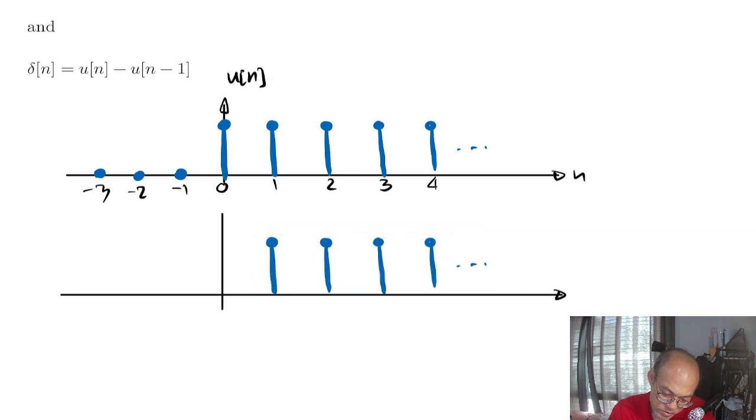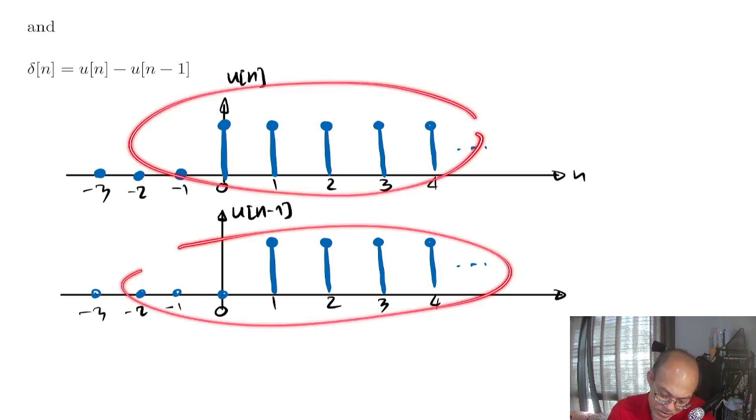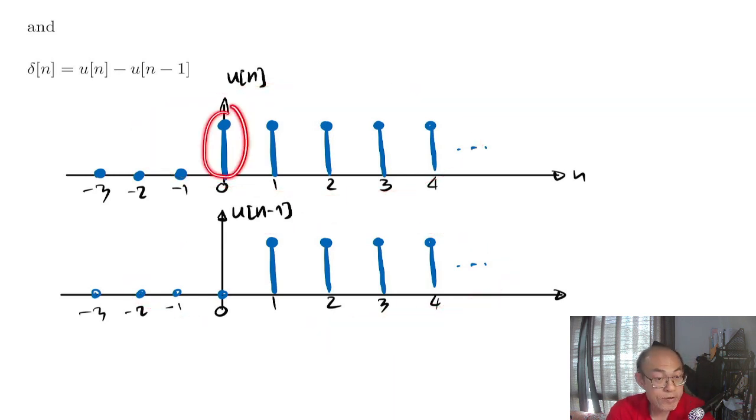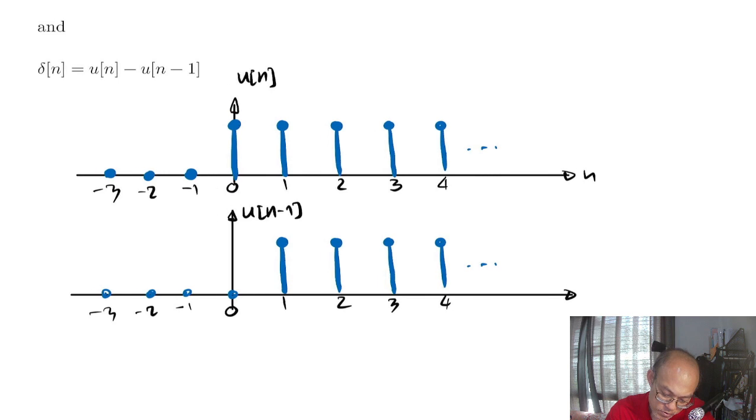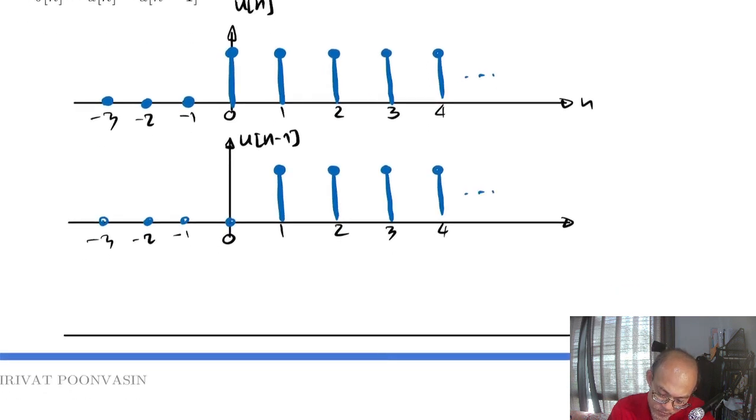This is u[n minus 1]. Now, if we start with this subtracted by this one, what are we going to get? We're going to get only this one, right? Because this one's 1 minus 0 is 1. The rest is 0. So if we subtract them, we're going to get only this one.